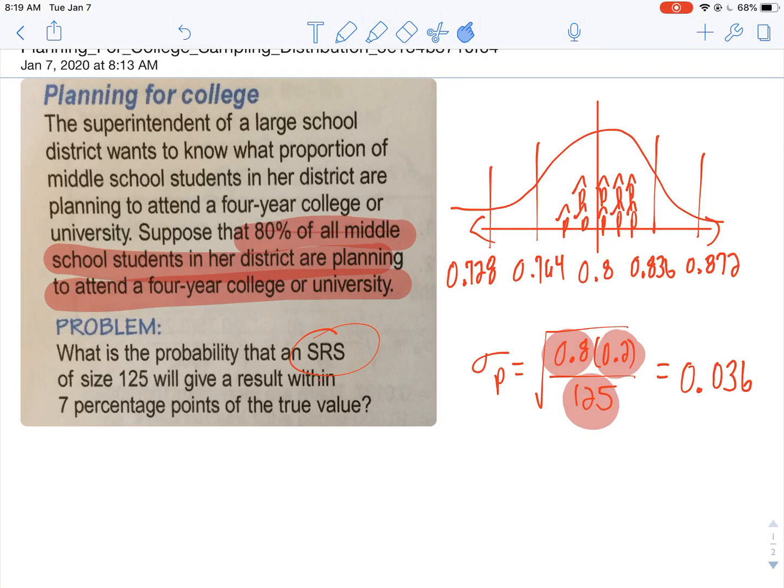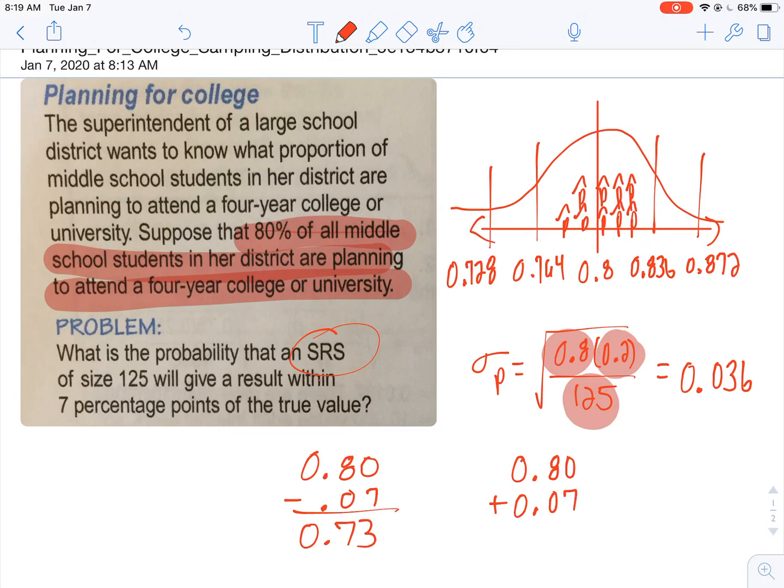Now it's saying within specifically 7 percentage points of the true value. So if I take 0.80, I subtract that 7%, that'll give me 0.73. If I take that 0.80 and I add 7%, that would give me 0.87.